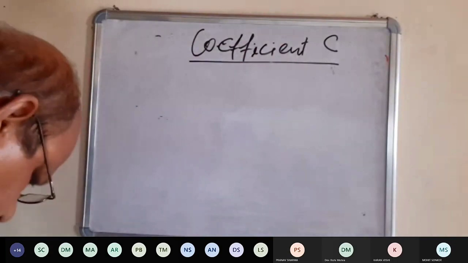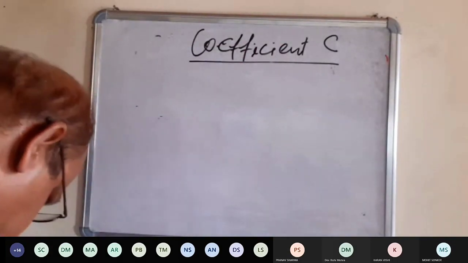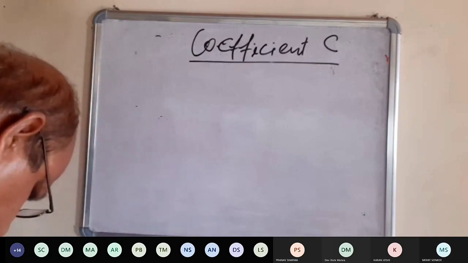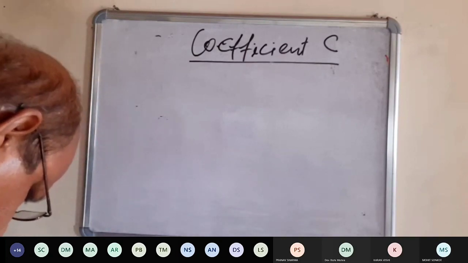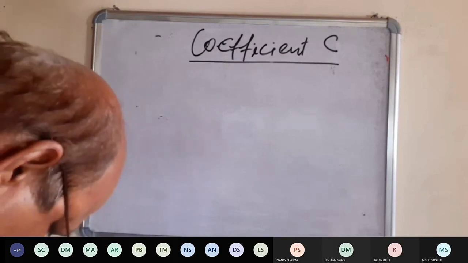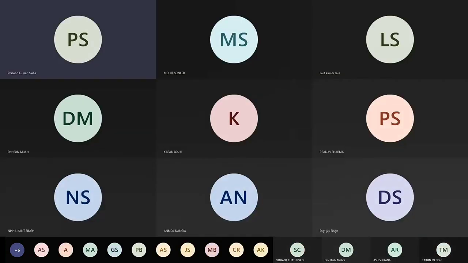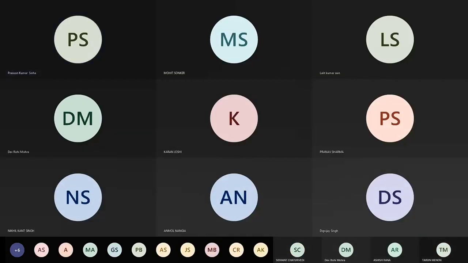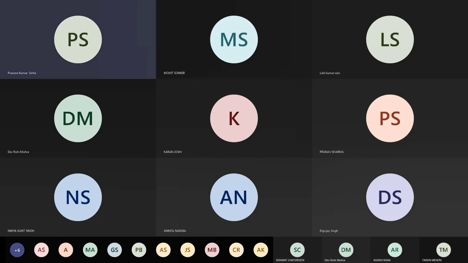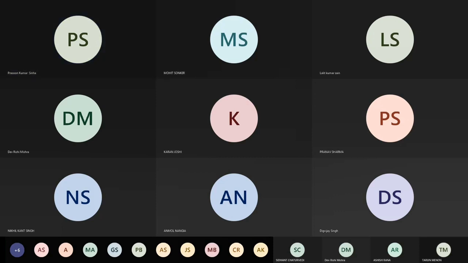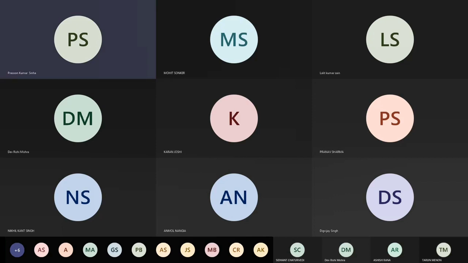Coefficient C. Write down the definition.